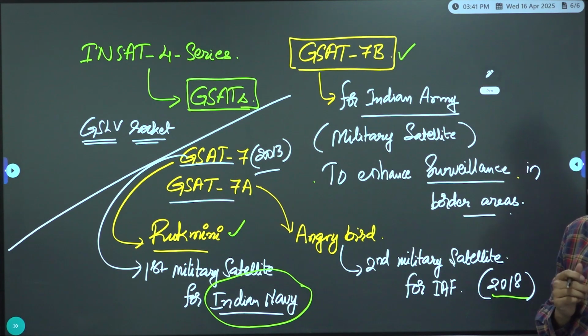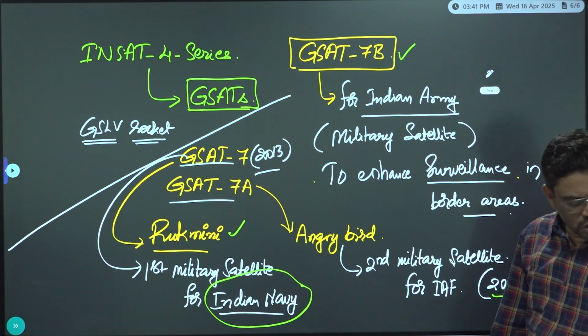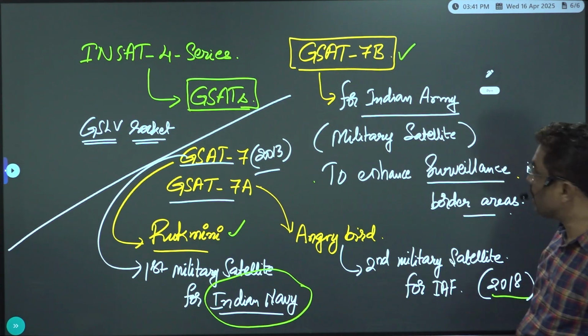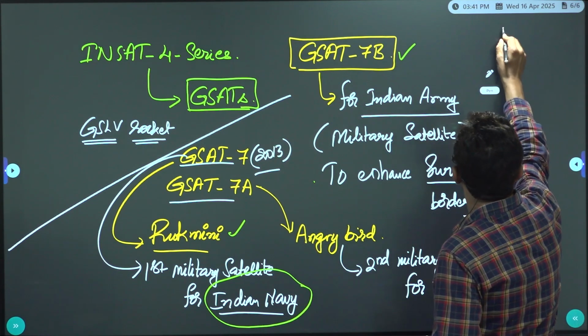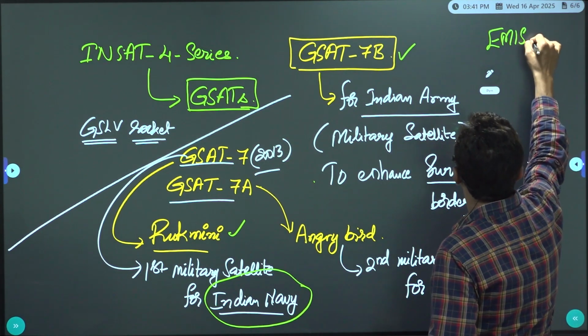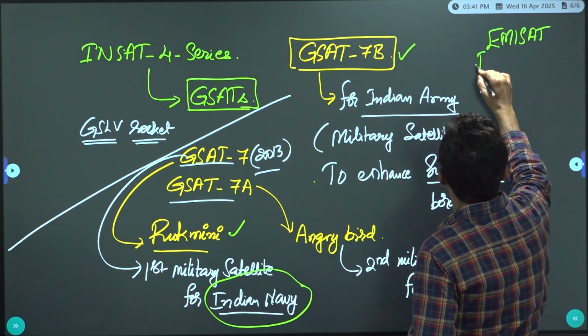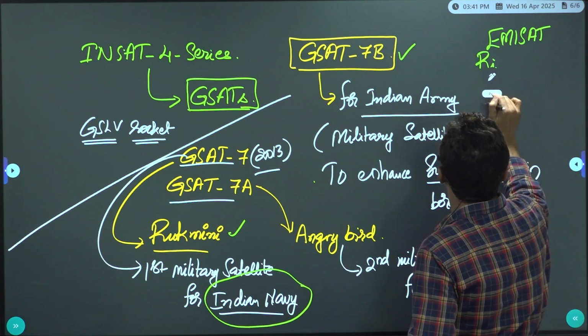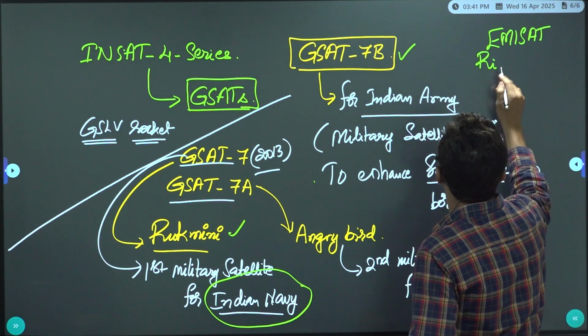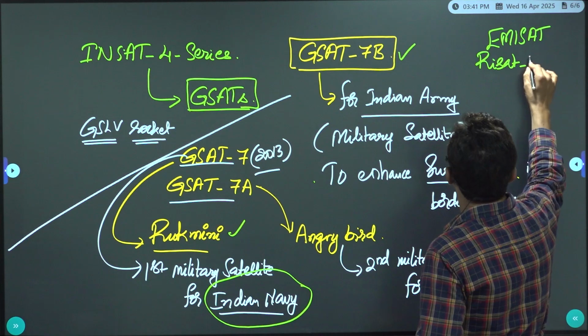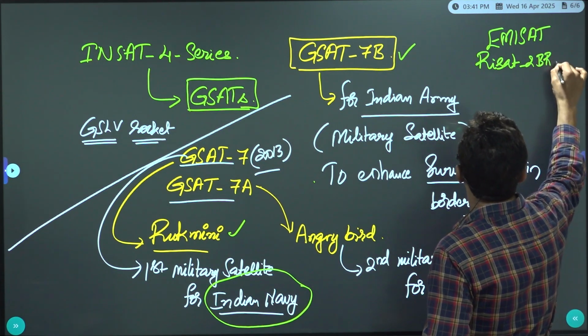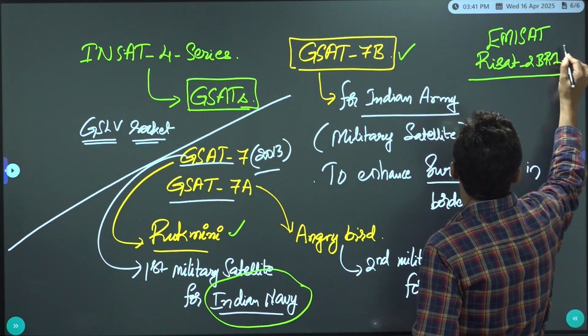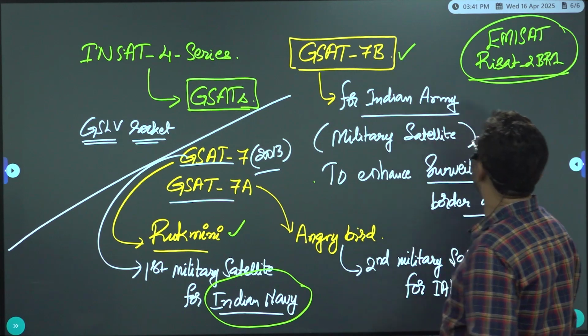The other military satellites also include EMISAT and RISAT-2BR1.